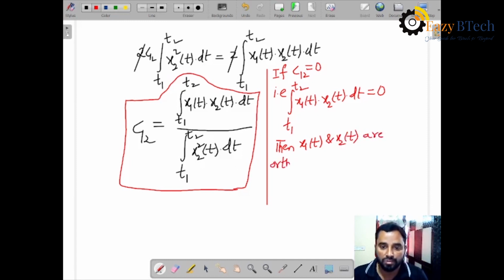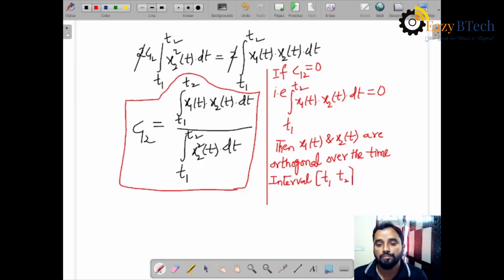The interval is also important here, over the time interval t1 to t2.